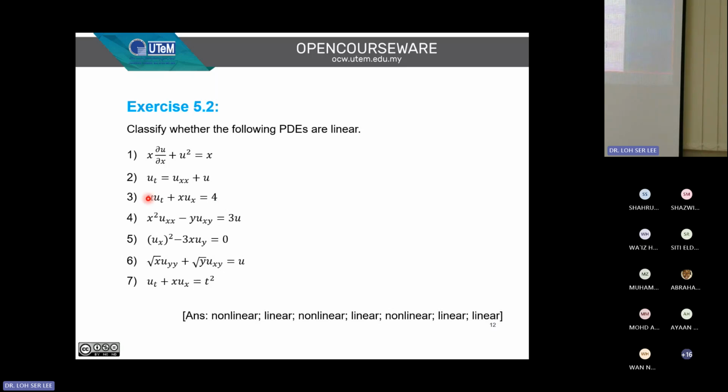Linear or non-linear? Non-linear because of the coefficient of UT. The coefficient of UT is again U, which is not acceptable. This one no issue, this is X, not U. And all this U power of 1. So the only factor that leads it to be a non-linear PDE is this coefficient U. Number 4.